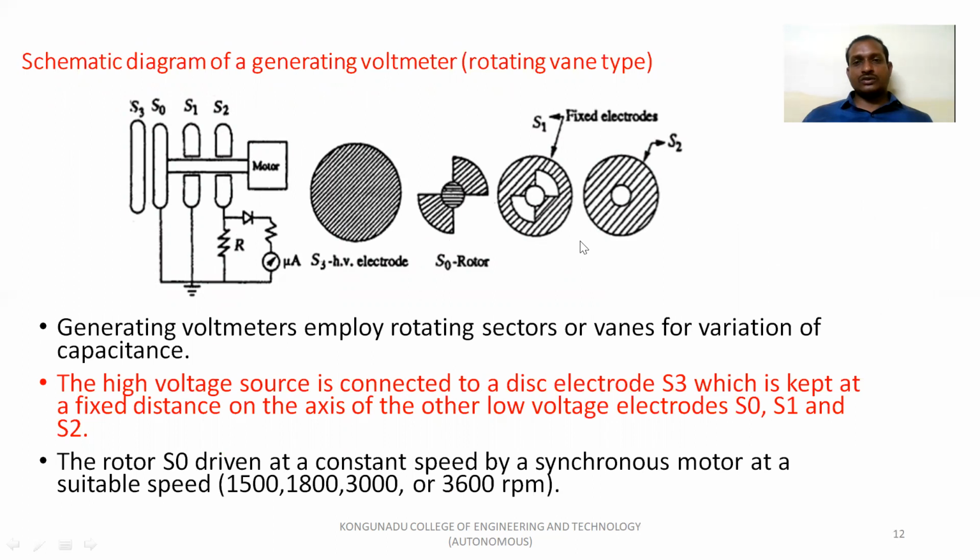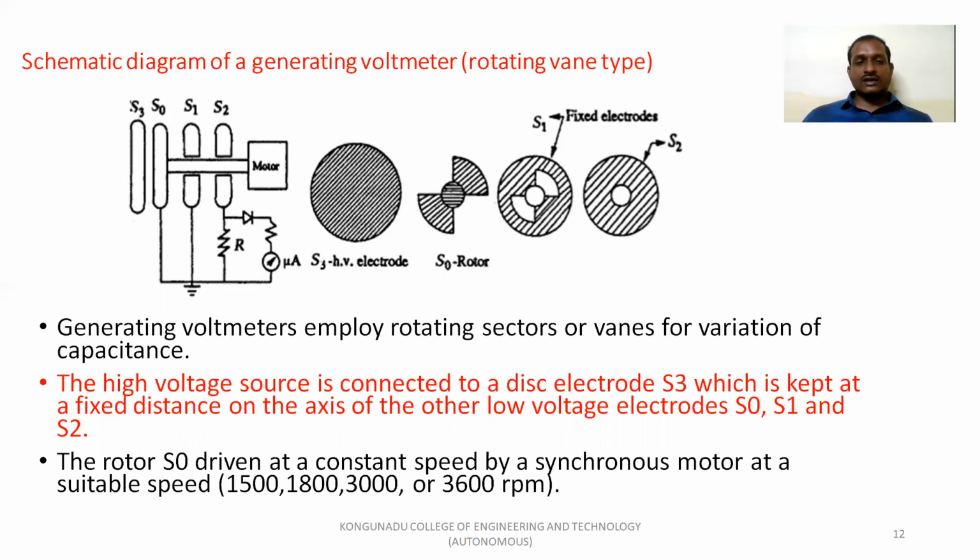The high voltage source is connected to the disk S3, which is kept at a fixed distance on the same axis from the low voltage electrodes. S0, S1, S2 are called low voltage electrodes, and S3 is the high voltage electrode.